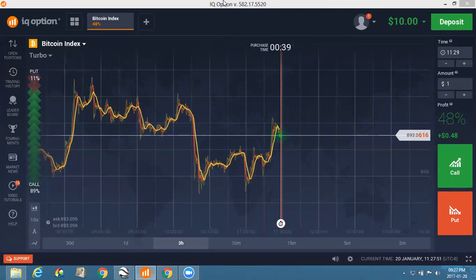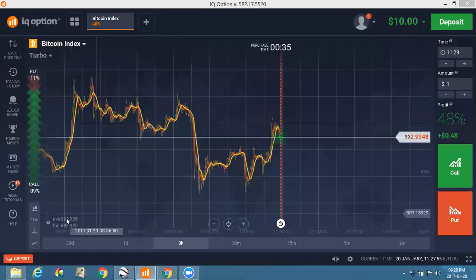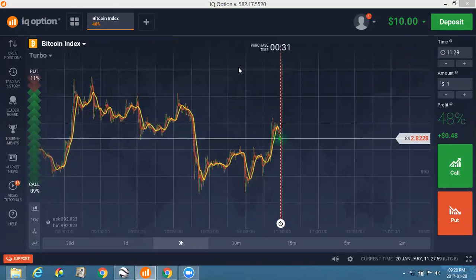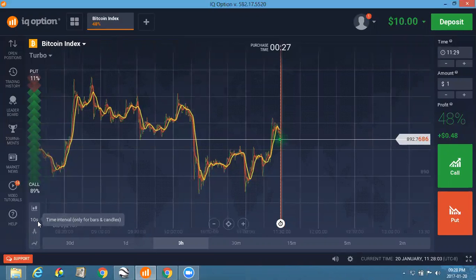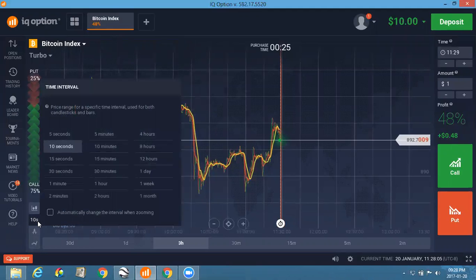So, guys, this strategy works best when the market is trending. So how do you see if the market is trending? You see here on the time interval, you need to see the bigger picture. You need to see a bigger time frame. You can go to 1 hour, 2 hours, or 4 hours. I'll just use 4 hours.